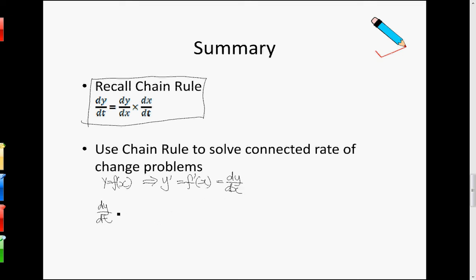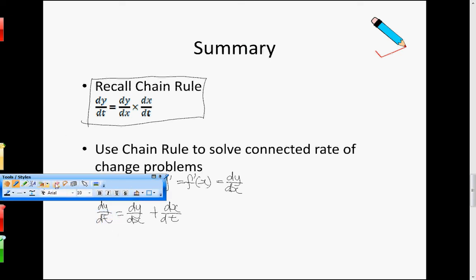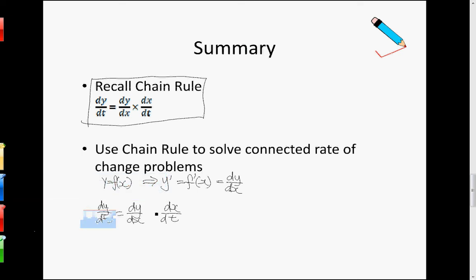If I want to find dy/dt, and I have dy/dx from here, and I also have dx/dt, then I can find it. Sorry, this is not a plus, this is a multiplication sign. Similarly, if I have dy/dt only and dy/dx, I can use it to find dx/dt. It is actually a very simple equation.